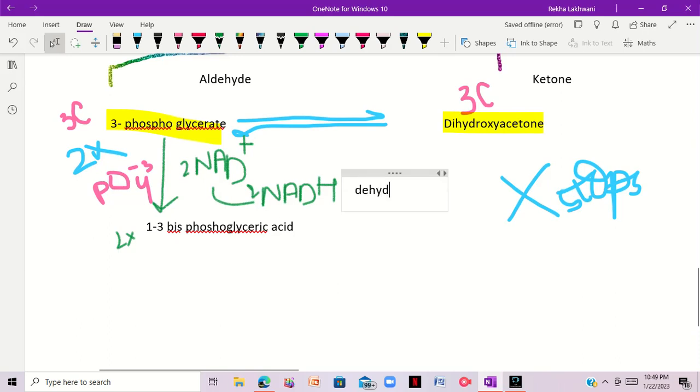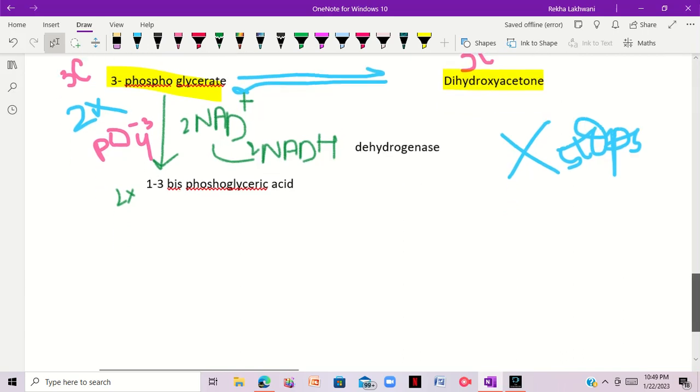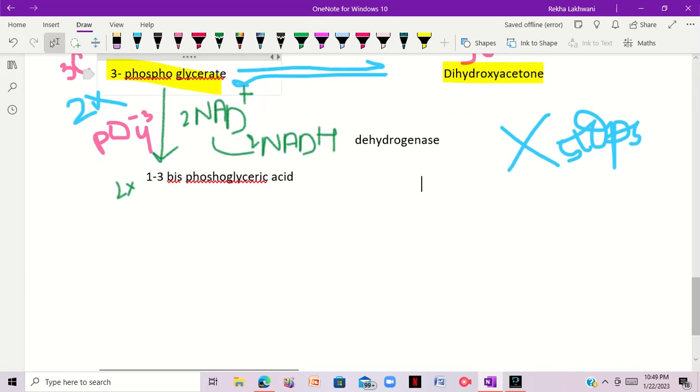As you can see, whenever there is conversion of NAD into NADH, it means there is an enzyme known as dehydrogenase. Okay. Now what happens? This is 1,3-bisphosphoglyceric acid. Now what will happen?